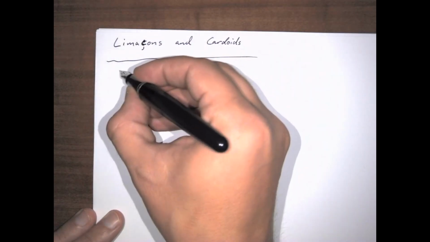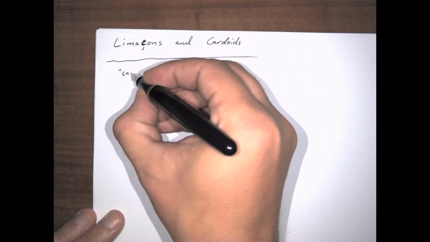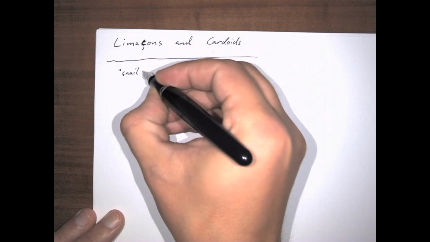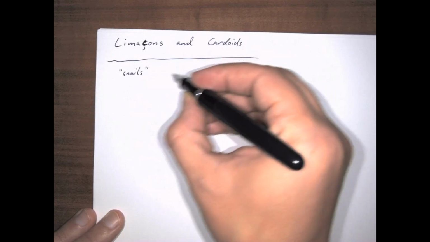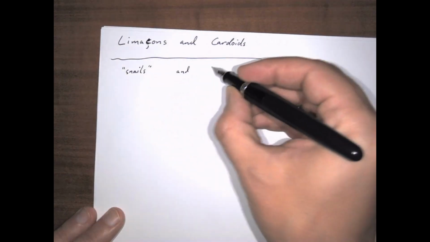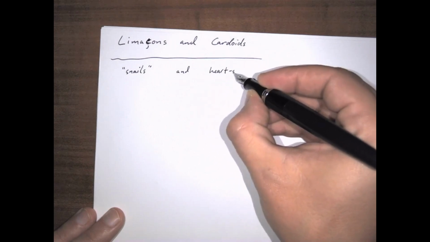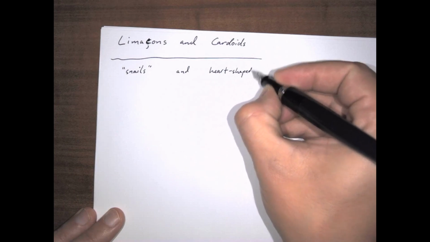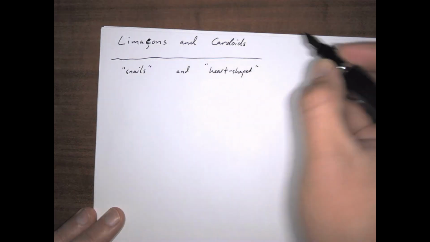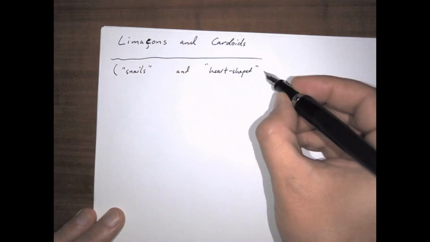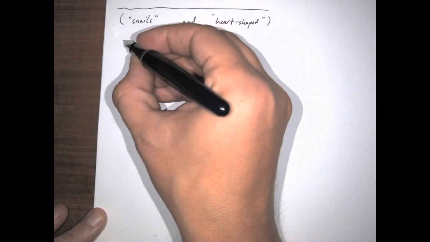What these two words mean are snails, an old French word for a kind of snail, and heart-shaped. All right. So here's the formula.